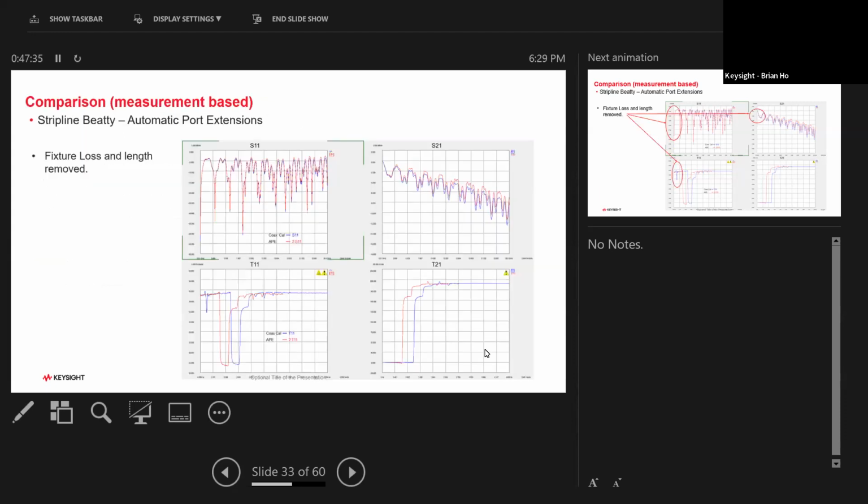So this is just an example of a fixture removal. We're using automatic port extension for this, just to show you. Here you can see a coaxial cable. We're just looking at reflection, and we're looking at the time domain first. You can see the blue line is the original, and there's an impedance mismatch.